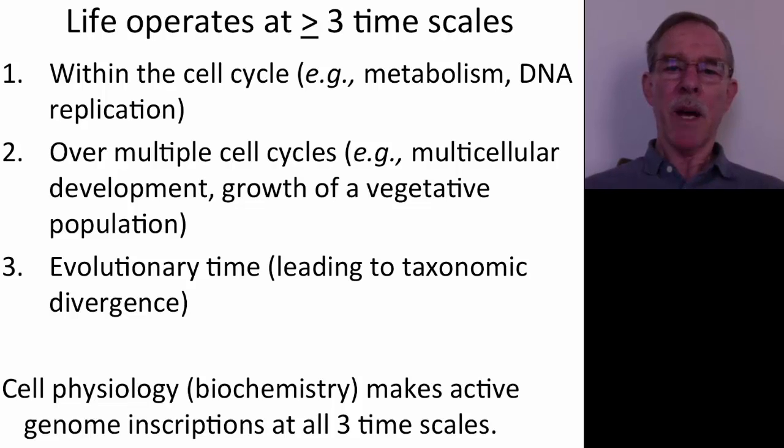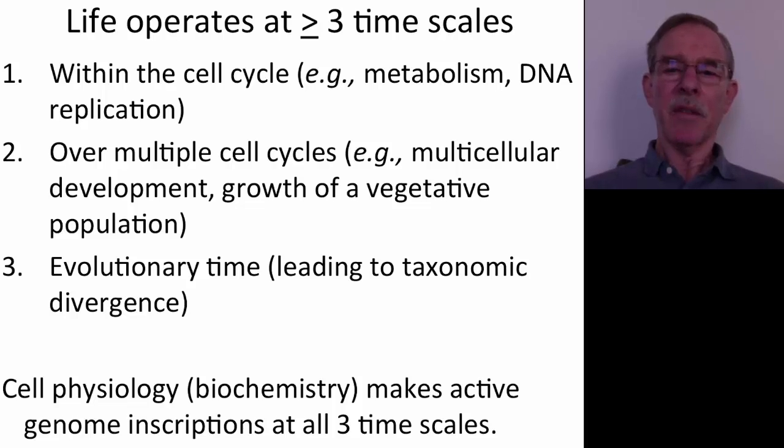A second is over multiple cell cycles, as for example in multicellular development, or the growth of a vegetative population of an organism that divides mitotically. Finally, there's evolutionary time, and this includes all events which lead to taxonomic divergence and the origination of novel characters.